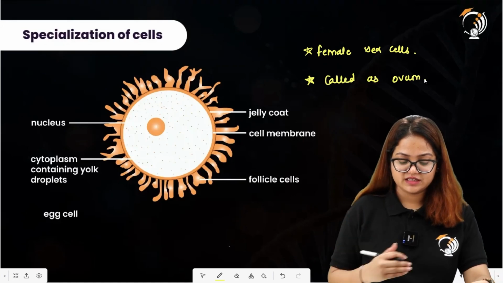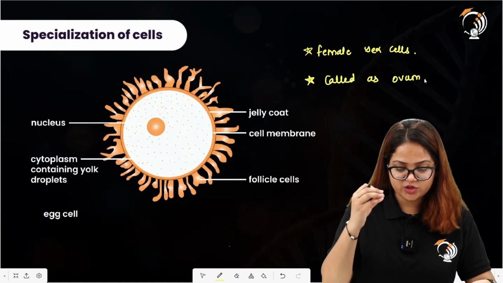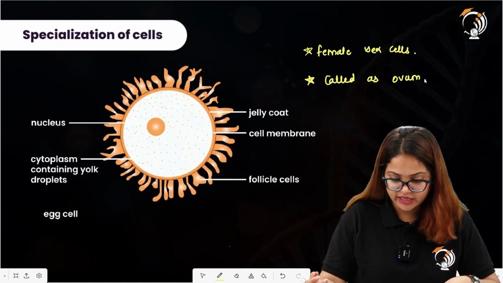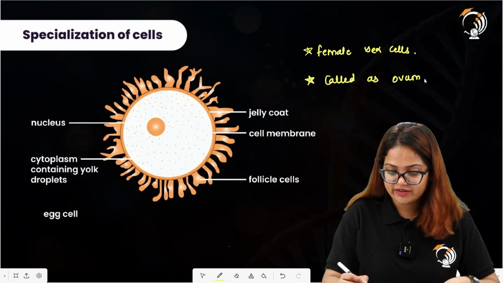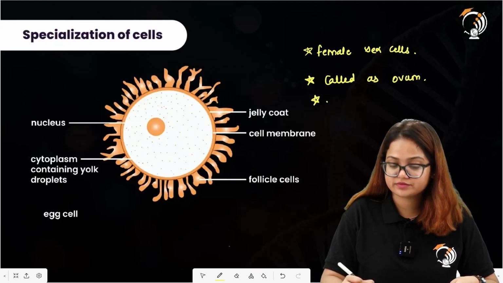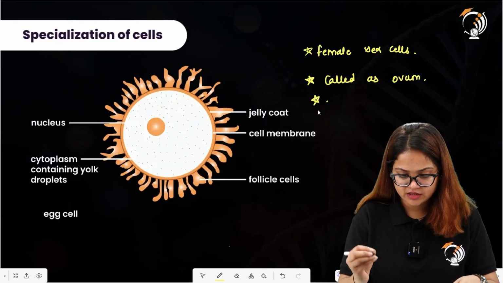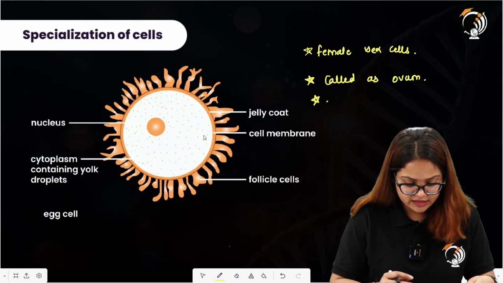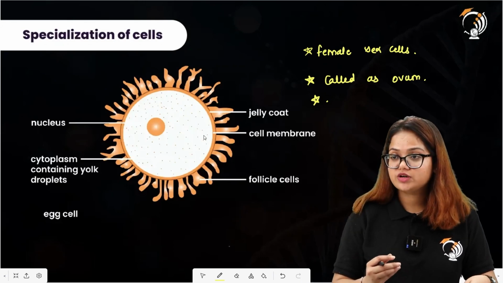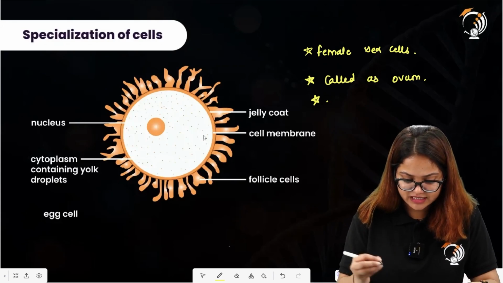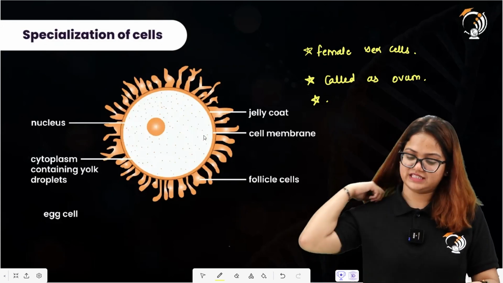Alright, so this structure here represents an ovum, that is also called an egg cell. We have the cytoplasm containing yolk droplets, which are mainly composed of fats and proteins.